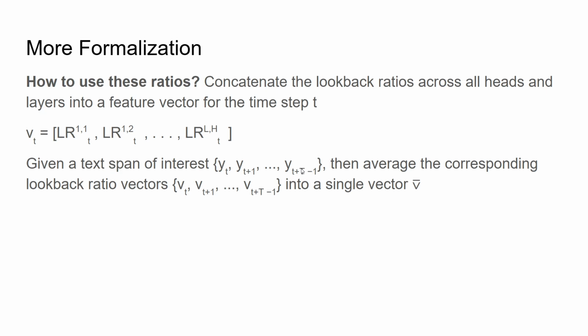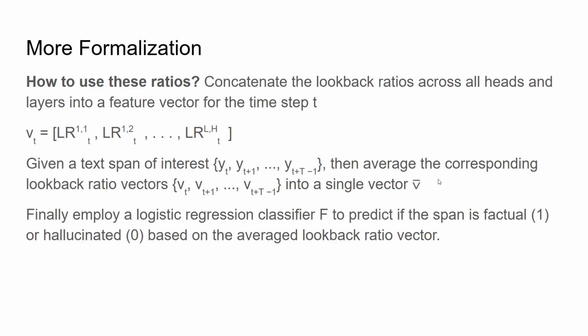And then you also correspondingly get all of these V_t vectors. And then you aggregate them. So you take a mean position-wise: you take LR_t, LR_{t+1}, all the way up to LR_{t+T-1}, average them across this dimension, again an average across this dimension, and so on, and you get one vector.